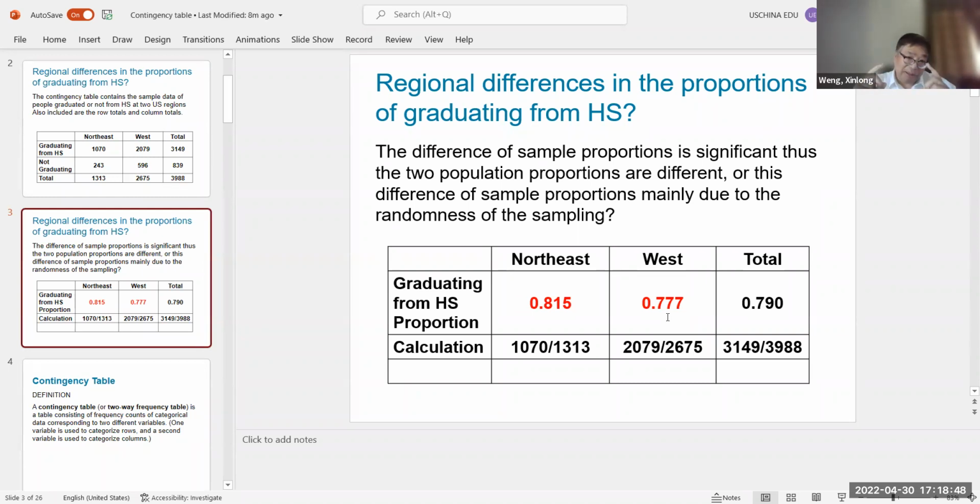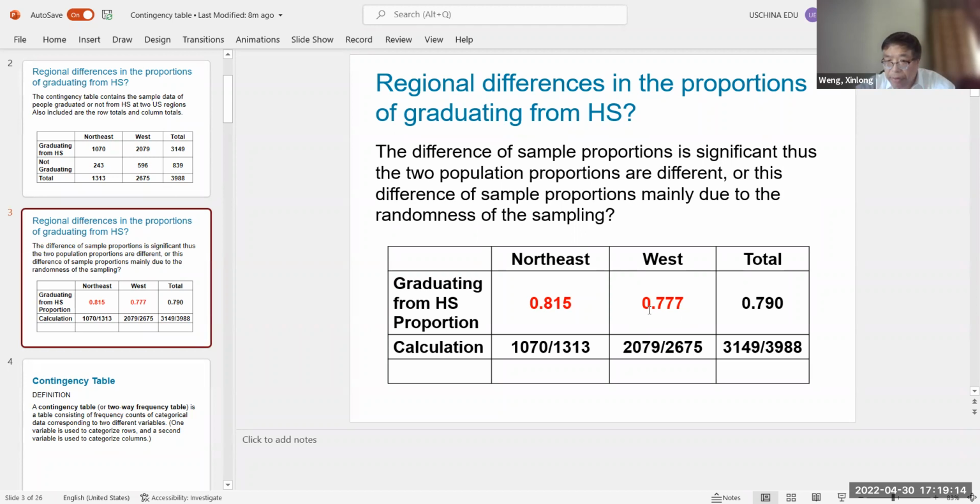So here's the dilemma. On the one hand, the Northeast region has higher high school graduating rates than the West region from the sample. Is this sample information significantly different?